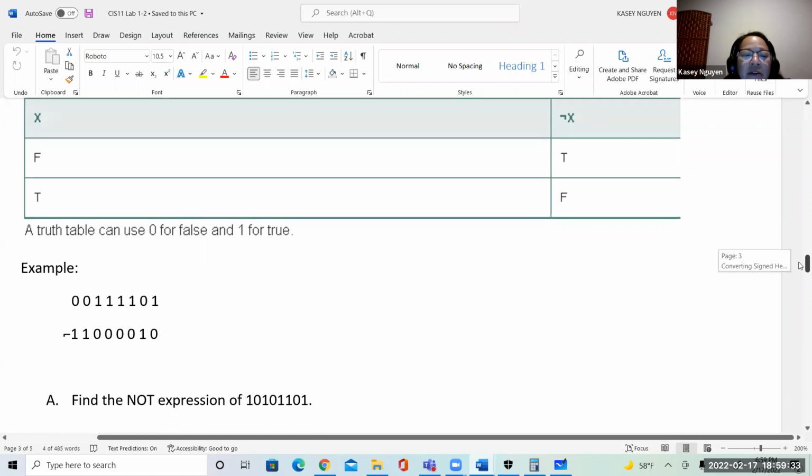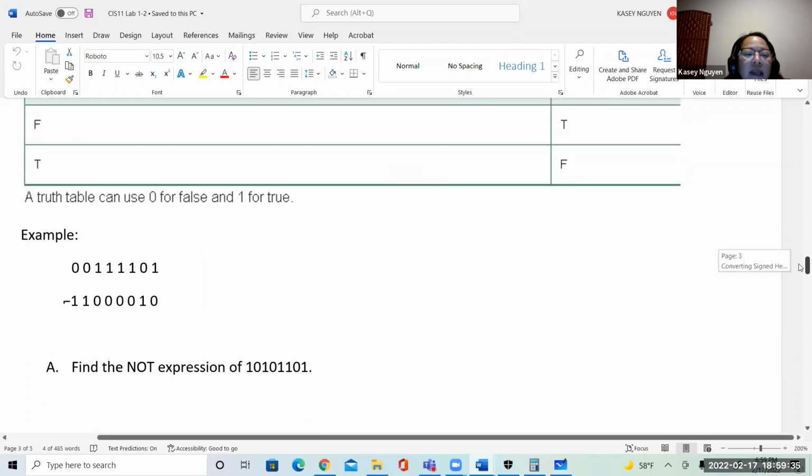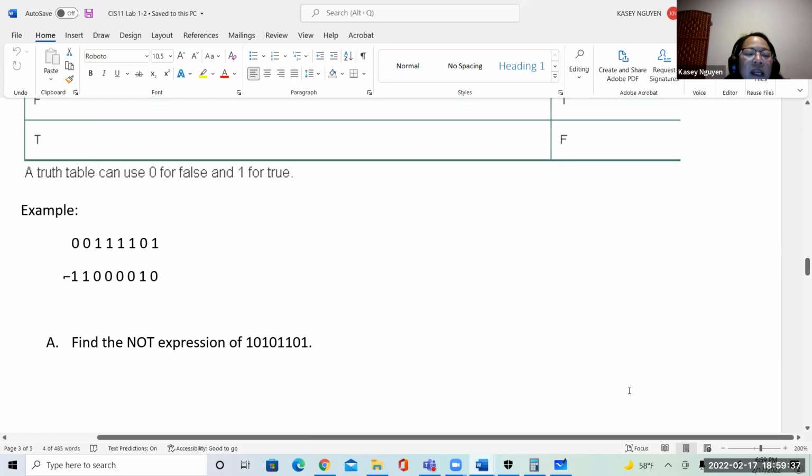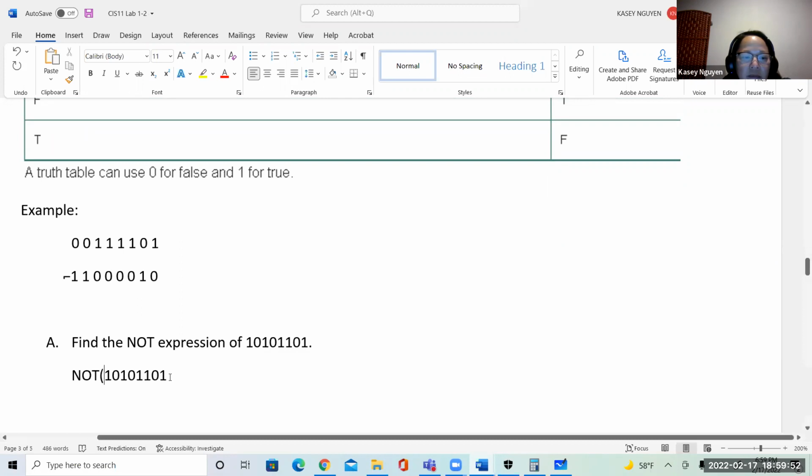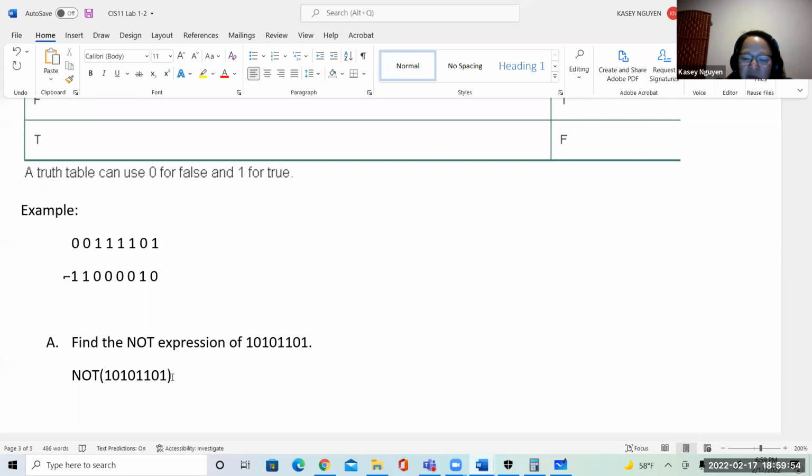So based on the truth table, we can simply do the NOT expression here, just like what we've done before. When you take this and you apply the NOT to it, you simply reverse the bits or flip the bits.